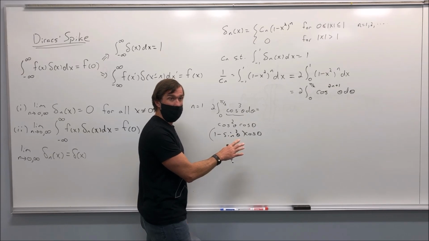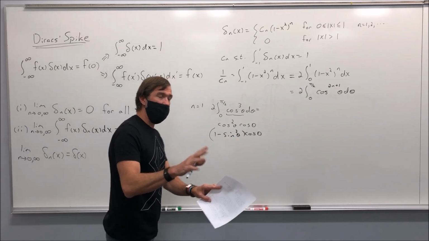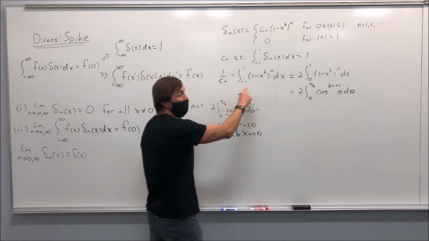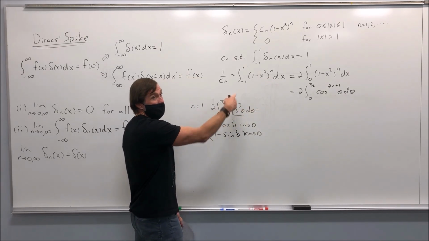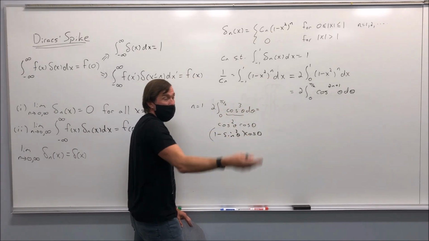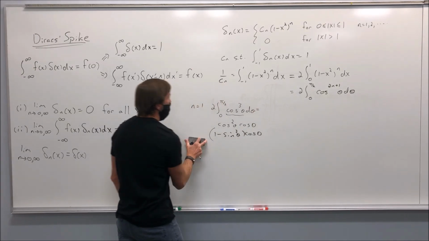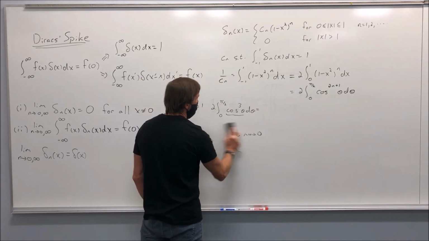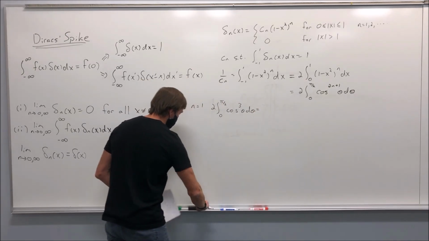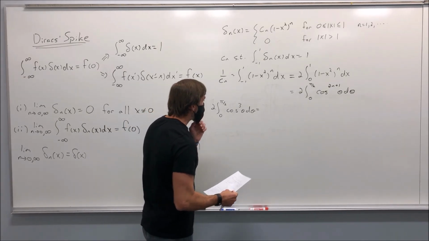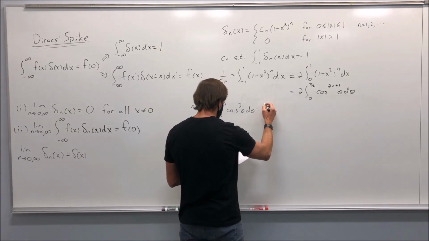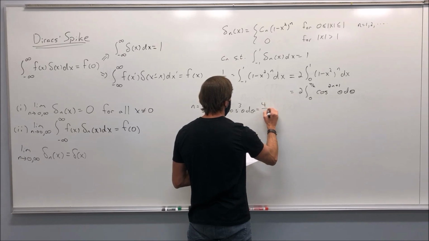Everybody follow? The details are in the notes. I just wanted to give you an idea, because when we go to n equals 2, we're going to have an even higher power of cosine, but you can keep repeating this process. You don't need to worry about it if you don't follow it from the get-go. But the result of this is 4/3.